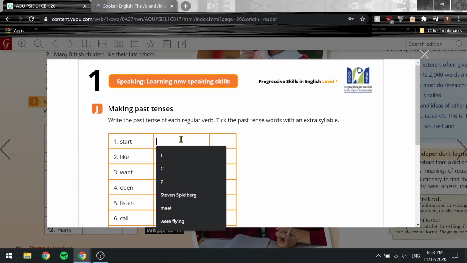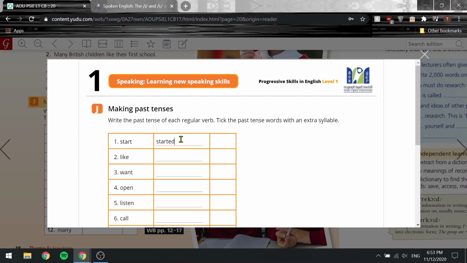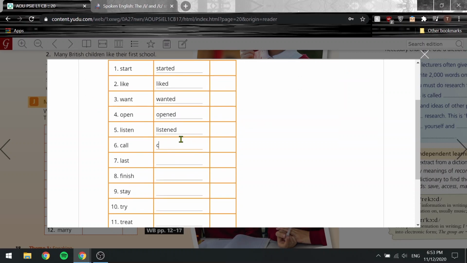So the word start is going to be started, and like will be liked, want will be wanted, open will be opened, listen will be listened. Okay? Call becomes called in the past. Last becomes lasted. Okay? Finish becomes finished.